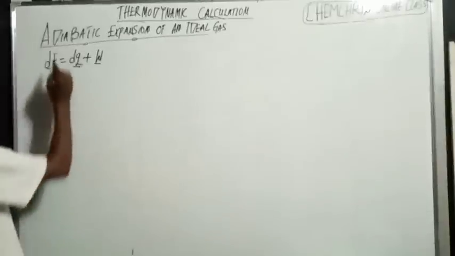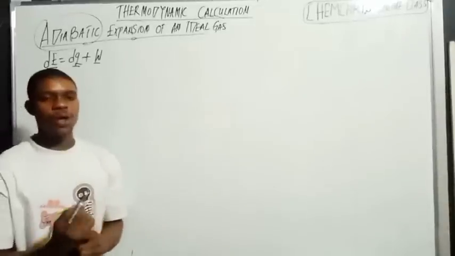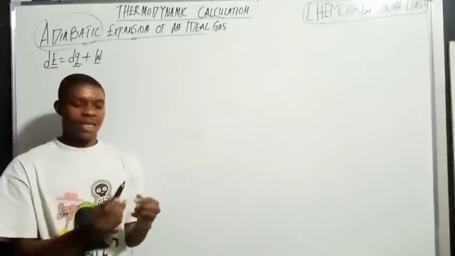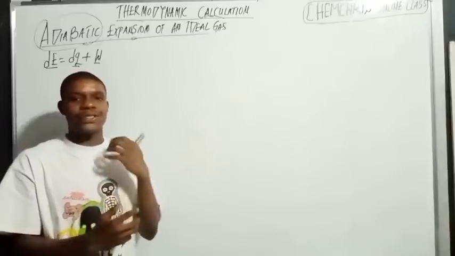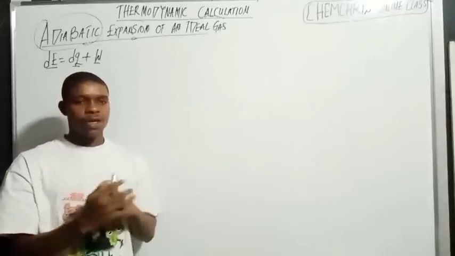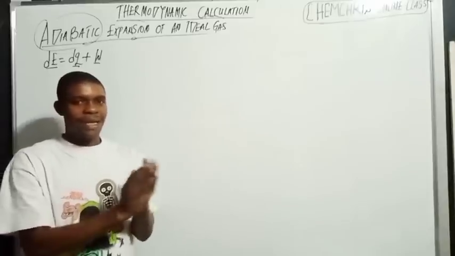So now let's look at the word adiabatic. What do you understand by adiabatic? We also have what is called an adiabatic process. In an adiabatic process or system, there's no exchange of heat between the system and the surroundings. There's no exchange of thermal energy or heat between the system and the surroundings.